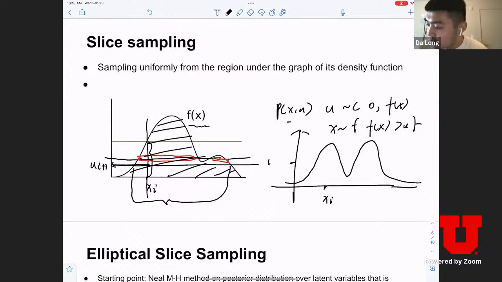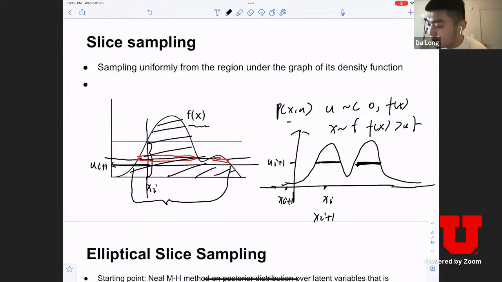And then the u is here. And we want to sample the valid x_{i+1}. So let's assume that we don't know the valid region is these two lines. So first we need to do a uniform sample from the whole sample space. So let's assume we get the sample here.